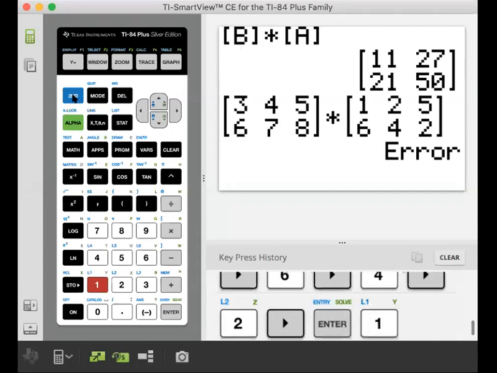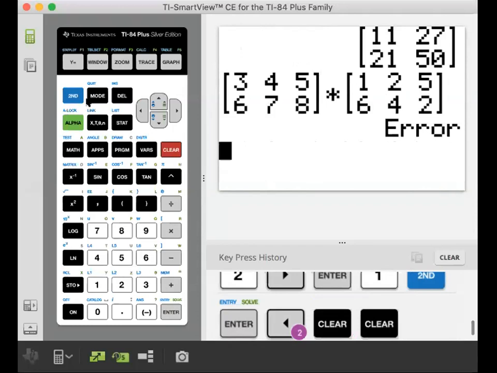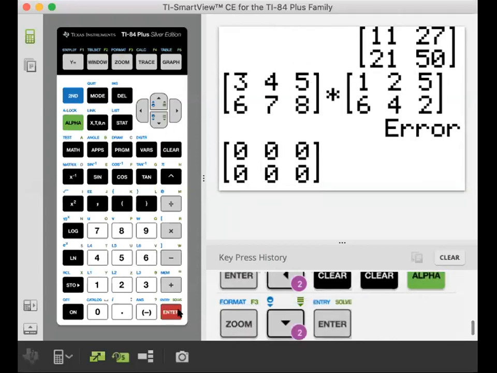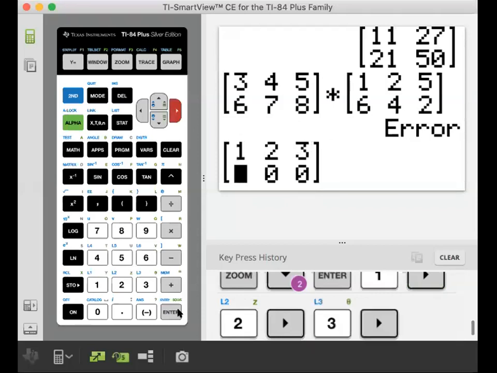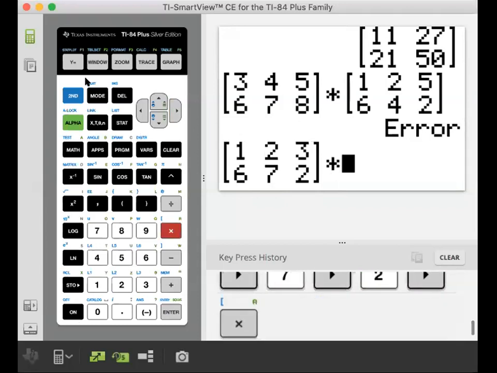And if I come over here and instead, let me go again with this, alpha, zoom, I'll make the 2x3 with some random numbers in there, 1, 2, 3, 6, 7, 2. And I multiply that by something that has different dimensions, but ones that I'm going to pick.